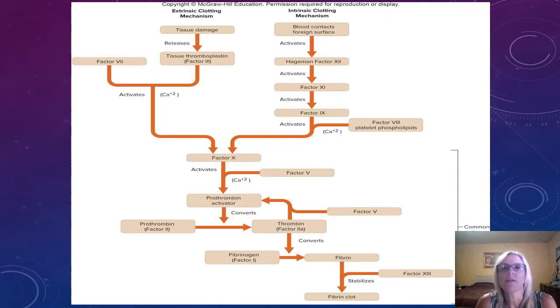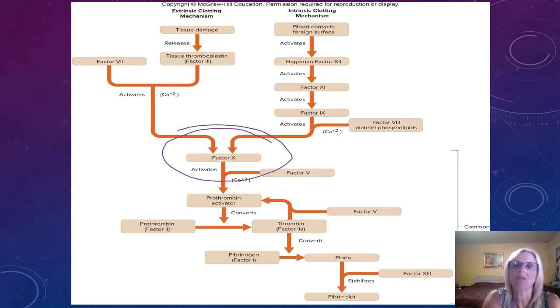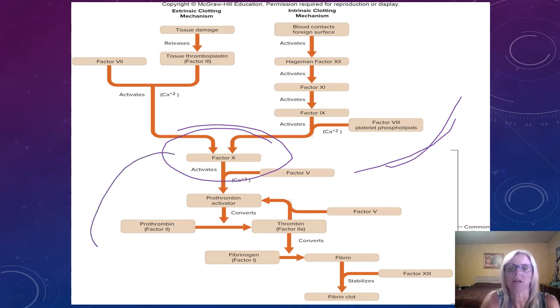So here is an example of the cascade, the intrinsic and the extrinsic, and how they both lead to factor 10. All right. Once you get to this stage, they act the same way. So know that the difference is extrinsic is outside the blood and intrinsic is inside the blood. Other than that, they're fairly similar. This one here obviously has a few more steps to it, and it gets more complex down here.